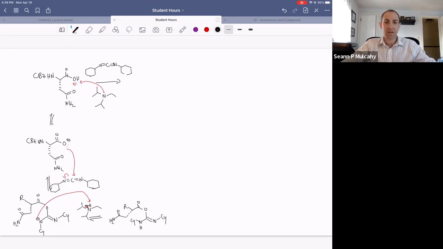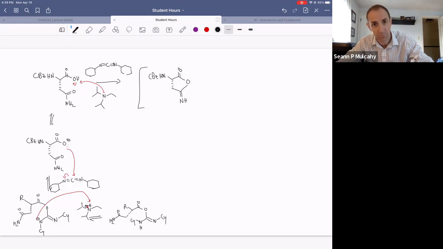Okay, now how can I form that intermediate that I have drawn as number 2? So let me just draw that in, CBZ, HN, like this. This is number 2. Well, what would I have to do?